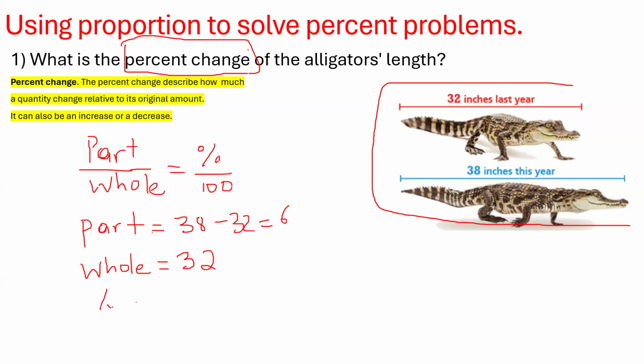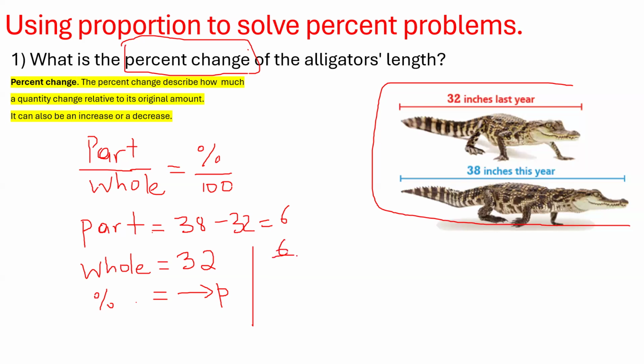Now, what is the percent? The percent, based on the question, is what we are finding. We are going to call it P since the word percent starts with P. P is our unknown, what we want to find. Now that we have all of this information, we are going to substitute it into our proportion. Remember, it is part over whole.